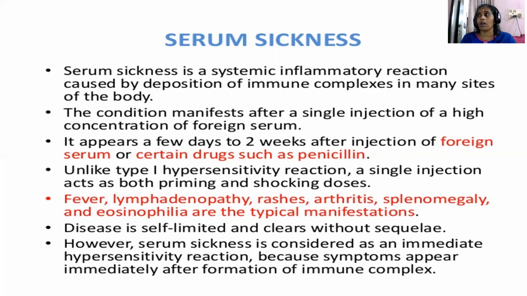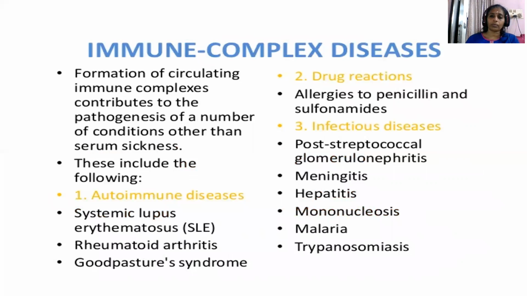It can happen immediately, but it is not like type 1 hypersensitivity, because here it is not only IgE antibody. Hence serum sickness can be considered an immediate hypersensitivity reaction.